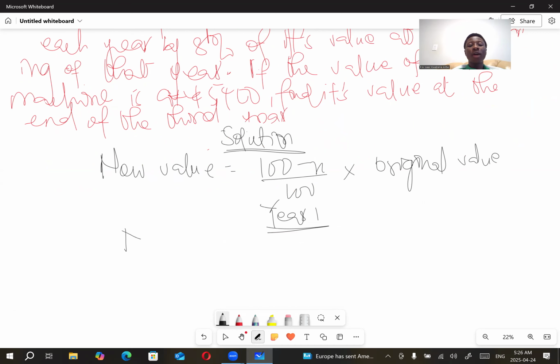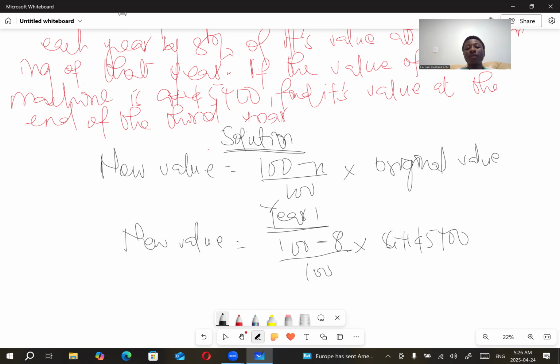So year 1, new value will be equal to 100 minus the depreciation rate, 8, all over 100 times the original value. The original value of the machine is what? They said the value of a machine when new is 5,004.